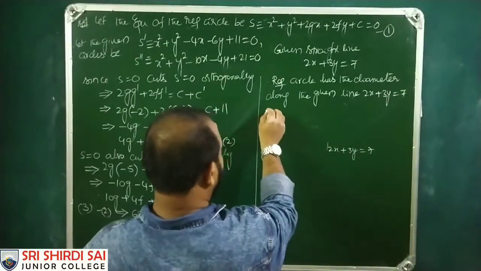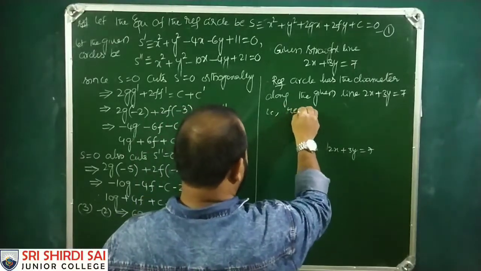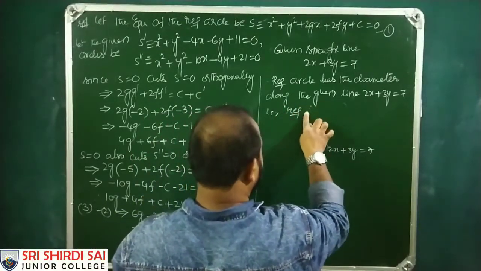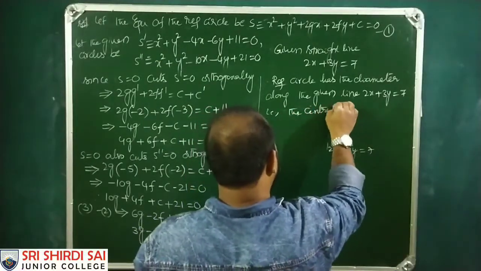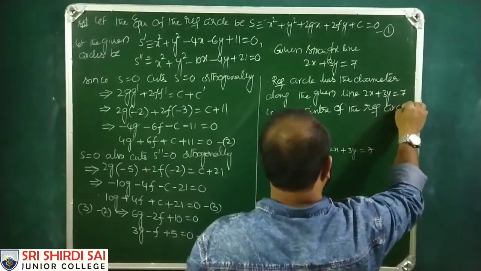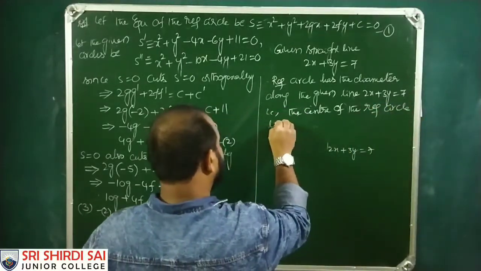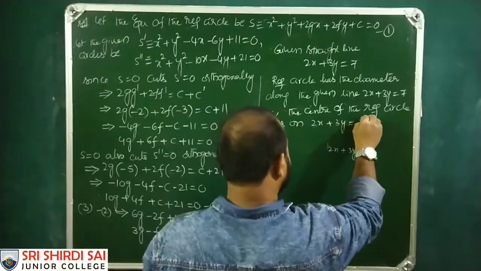That means the center of the required circle lies on 2x plus 3y equals to 7.